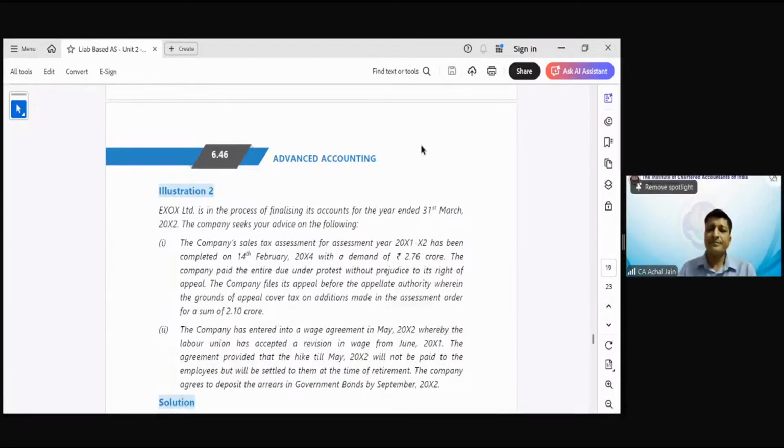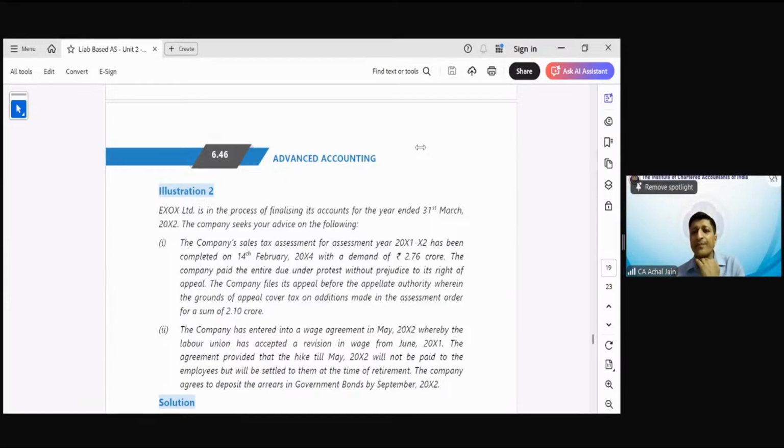How will you record this? So there's a settlement with the union which the company has done, and the company is not supposed to pay this immediately. This payment will be done in future. And as against this amount, the company is also planning to deposit it somewhere.